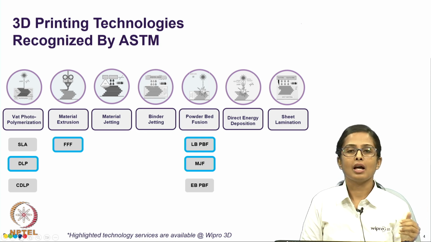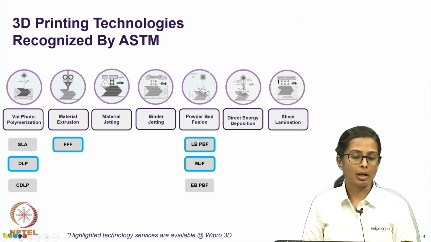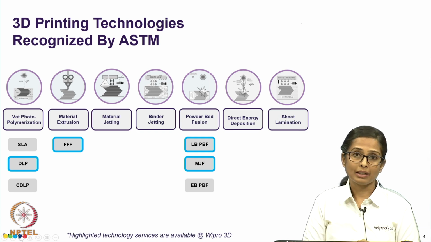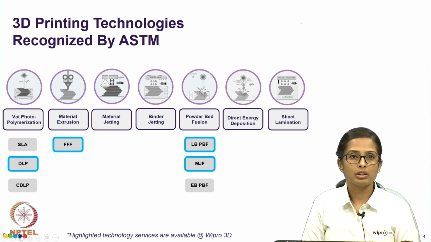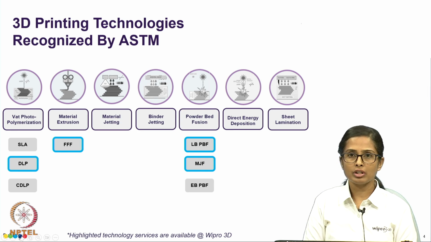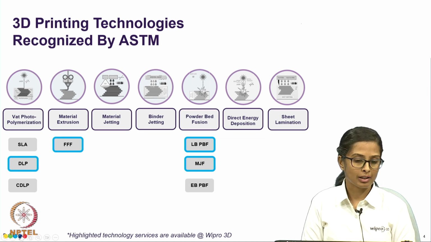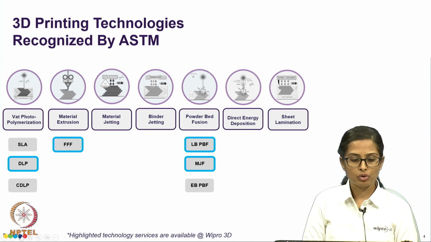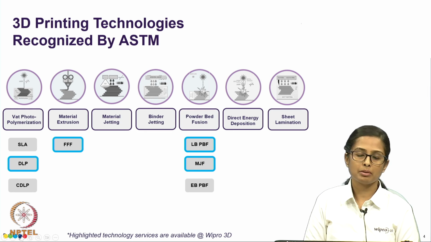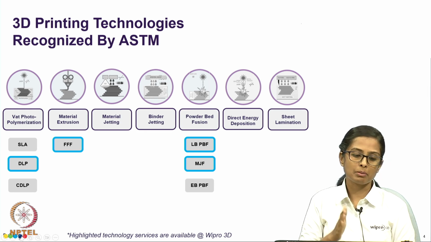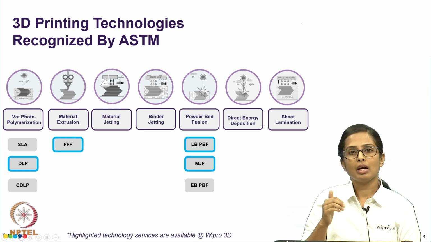What are these? I will tell you in the coming slides. If you look at material extrusion, another name for it is FFF, that is fused filament fabrication. If you look at powder bed fusion, there you have LPBF, that is laser beam powder bed fusion, MJF.